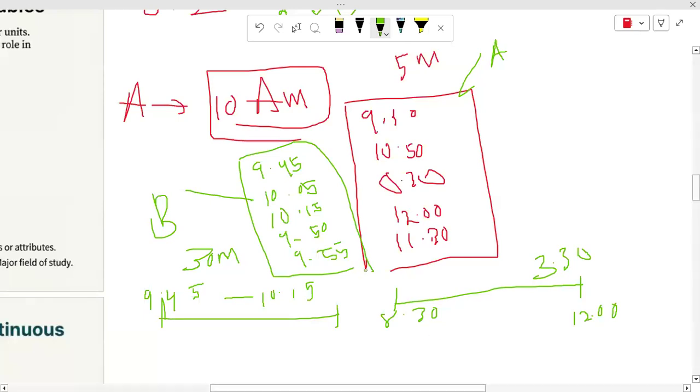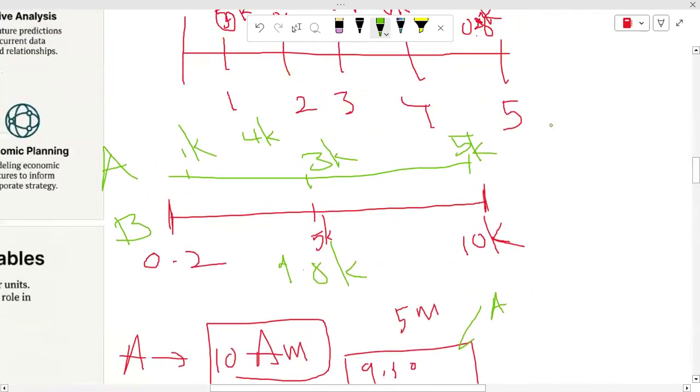Based on the same principle, can you say here for social media posts who is more reliable, A or B? A. Why is that?